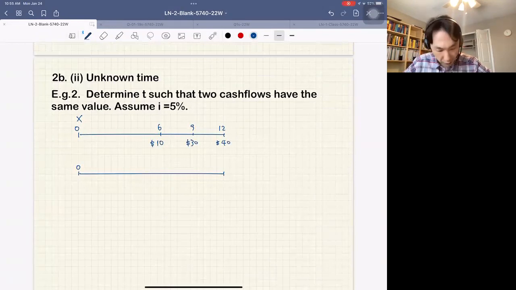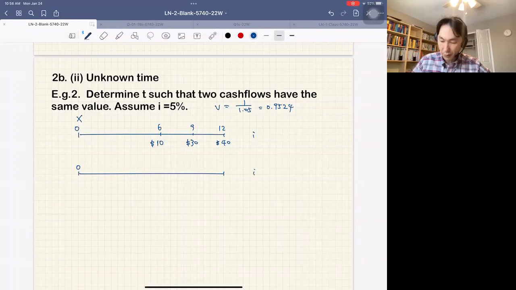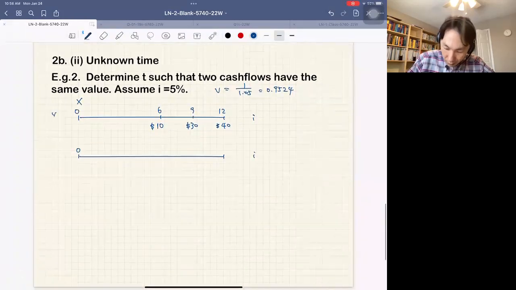And the interest rate is both 5%. So V is equal to 1 over 1.05, so 0.9524 again. Both interest rates are 5%.